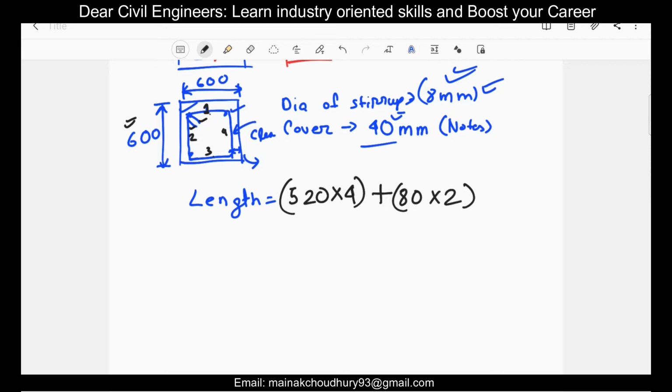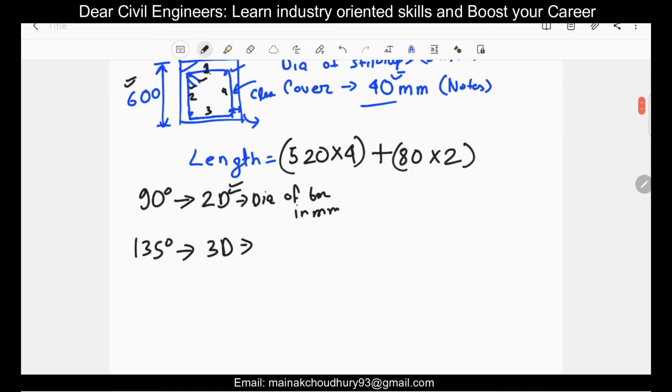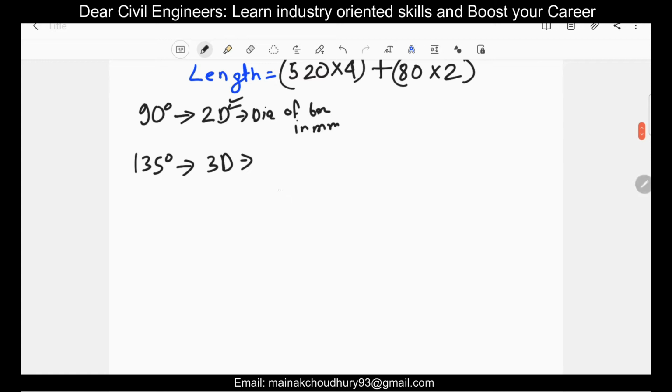For every 90-degree bend, there has to be a deduction of 2d, where d is the dia of bar in mm, and for every 135-degree bend you have to do a deduction of 3d, where d is the diameter of the bar. Here in this particular figure, I'll just draw it again.